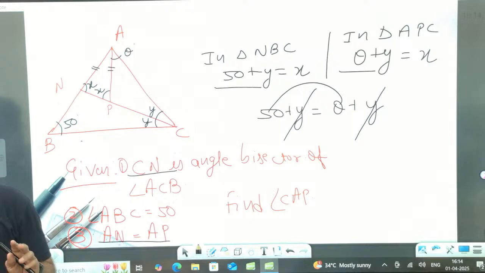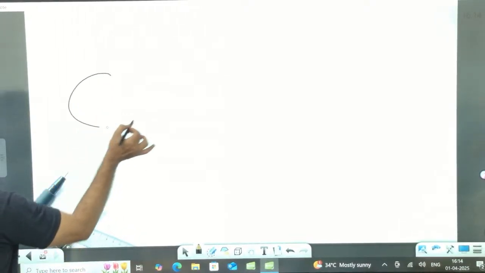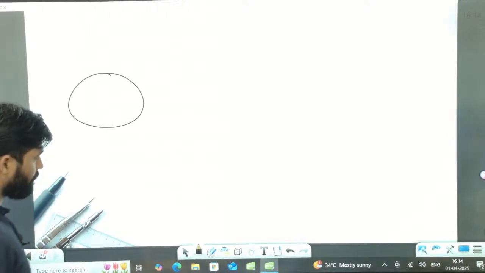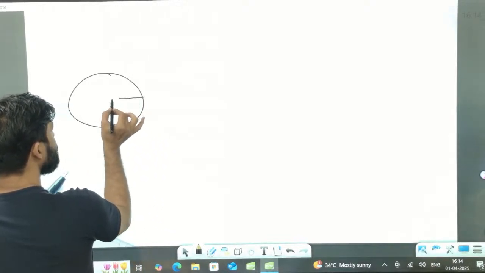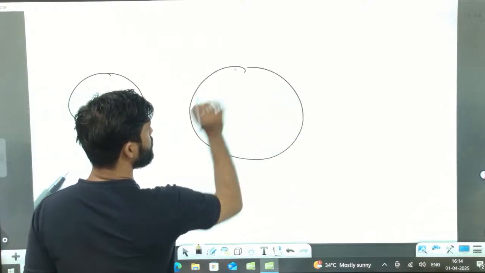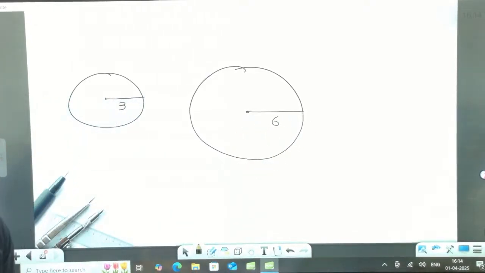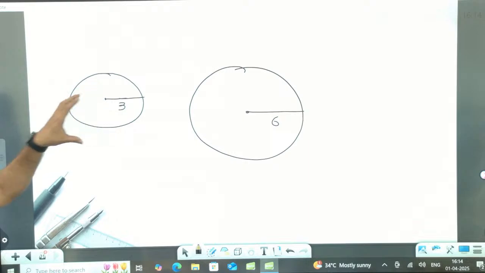Don't worry, I will make you understand. What is the difference between similarity and congruency? This is a circle. It has a radius of 3. This is a big circle where the radius is 6. If I want to place a circle exactly on this one, the radius of that circle must be 3 centimeters. Just try to visualize.